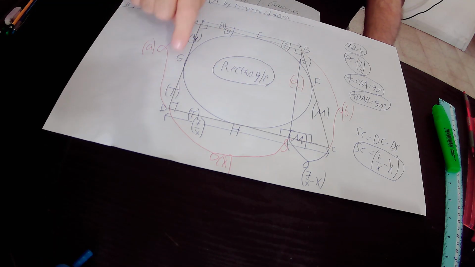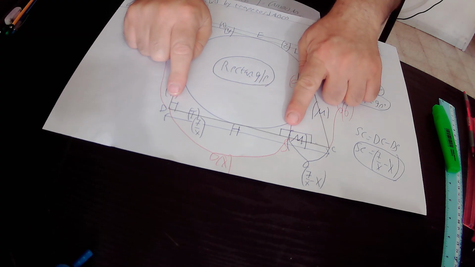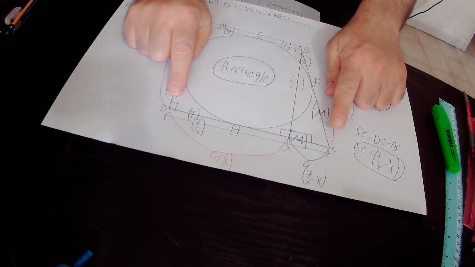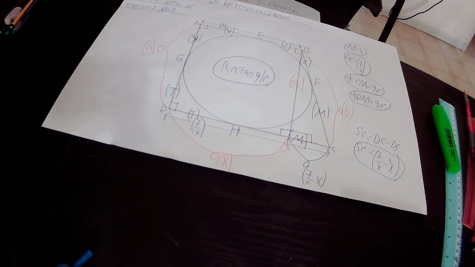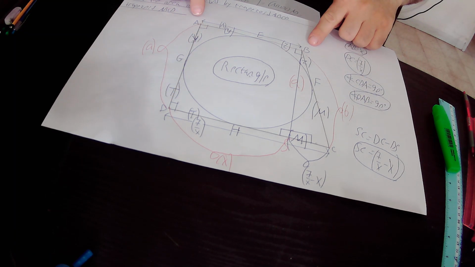ABSD is a rectangle, and you know that the opposite sides of a rectangle are parallel to each other. So in rectangle ABSD, side AB must be parallel to the opposite side DS. AB is parallel to DS, but DS is part of the straight line DC. So if a part of the straight line is parallel to another straight line, then the straight line DC itself must also be parallel to AB.